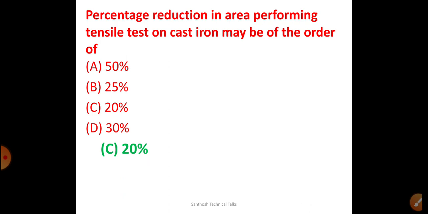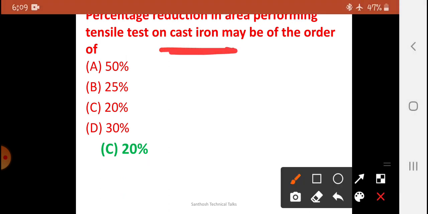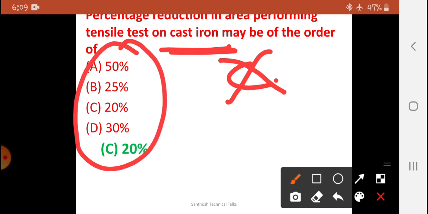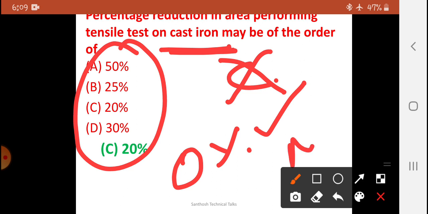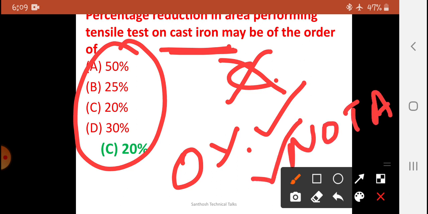Since it is a brittle material, it only takes compressive load; it will not perform under tensile load. Please make a note: if in the options you see 0%, it is the correct answer, or none of the above is also a correct answer. And whatever the percentage is, it can be a minimum percentage.